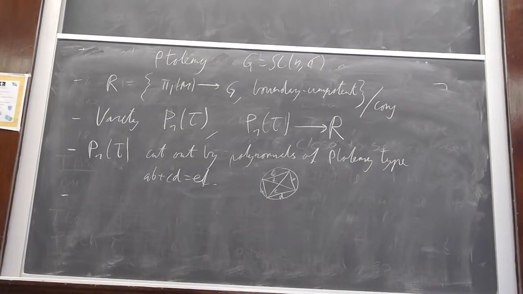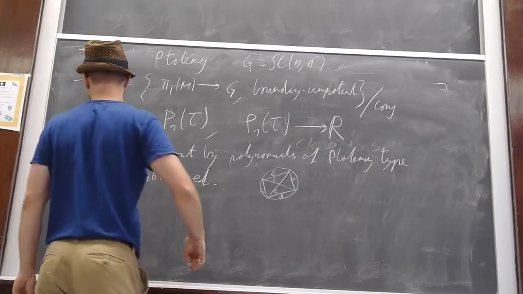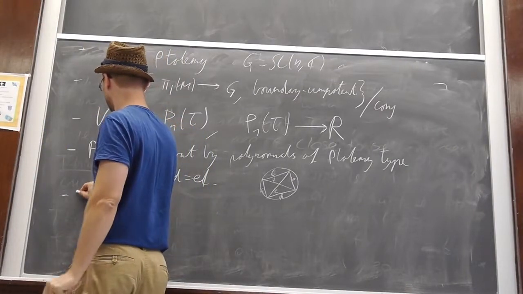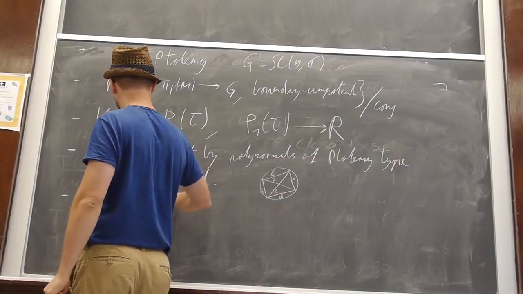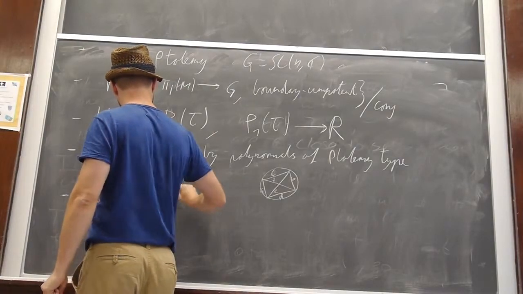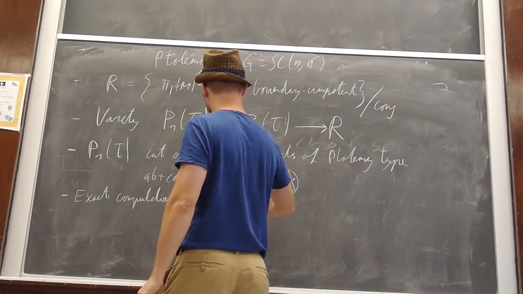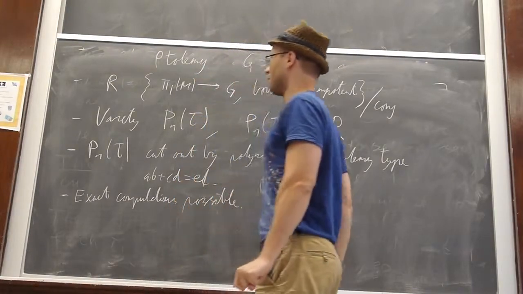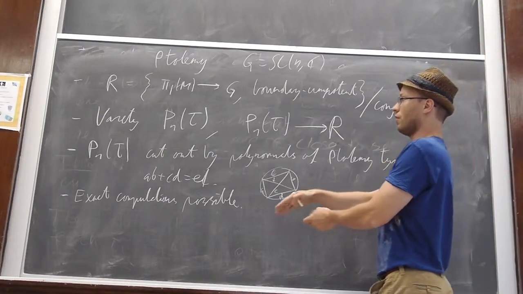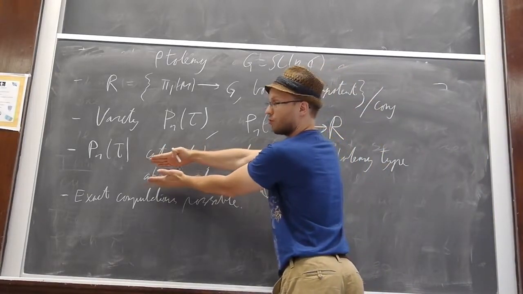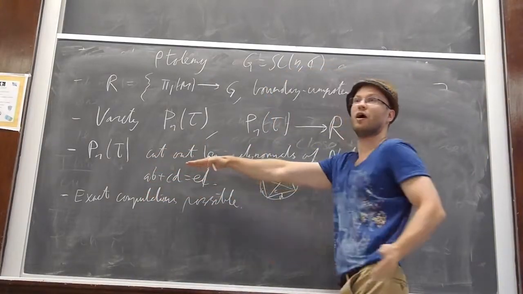I also mentioned some nice properties: these are actually very computable. The good property is that this variety is very, very nice. It has a bunch of variables and a bunch of equations that are all of the same type.